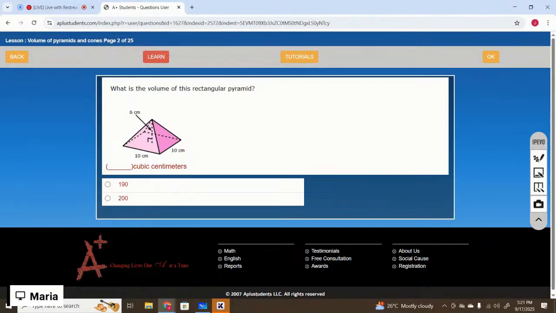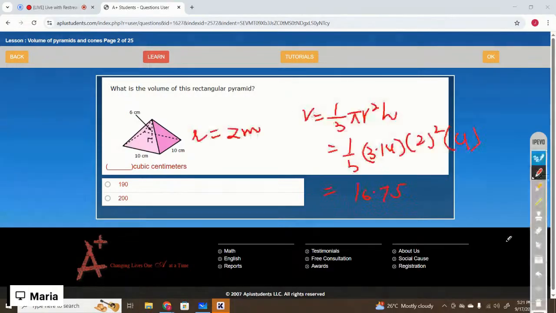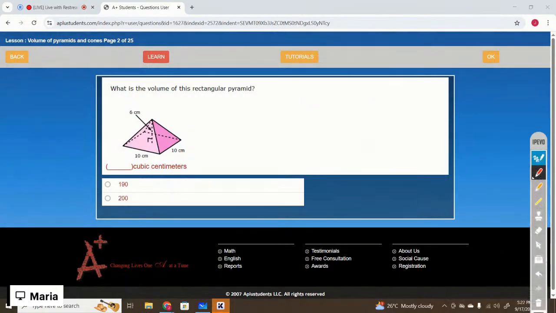What is the volume of the rectangular pyramid? The first thing is we need to calculate the area of base. That is 10 times 10 equals 100.